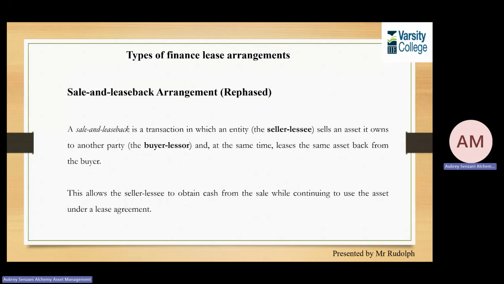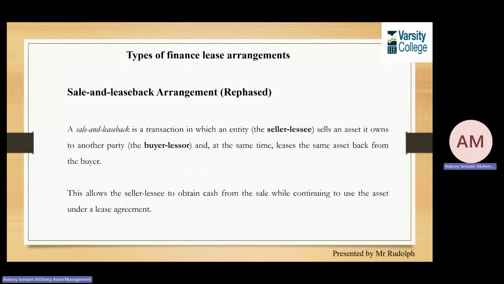Okay. So here it says it is a transaction in which an entity, that being me in this example, sells an asset it owns to another party, and at the same time leases the same asset back from the buyer.